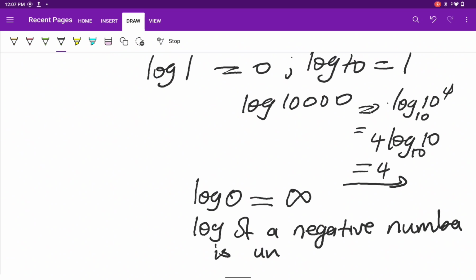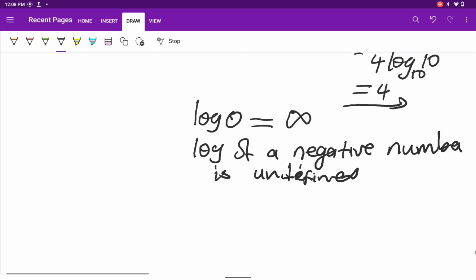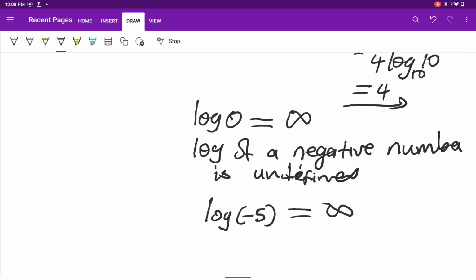We cannot define a log of a negative number. Meaning, for example, log of negative 5 is actually undefined.